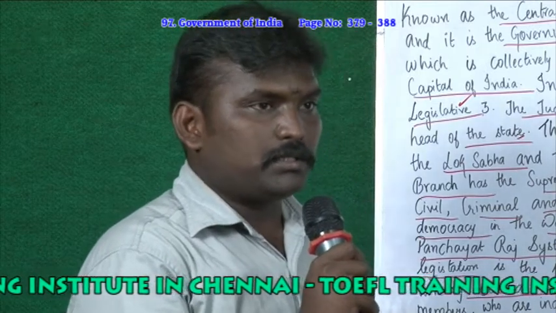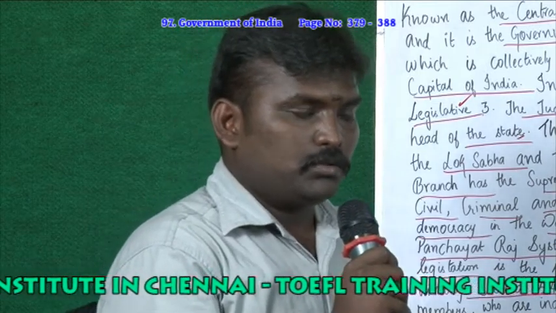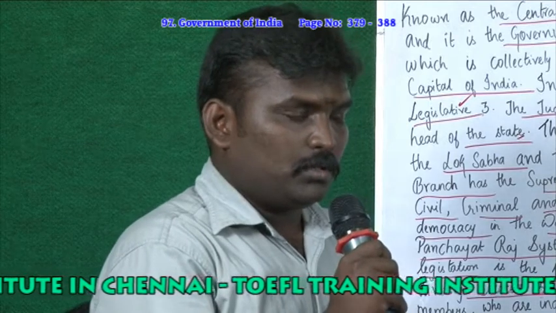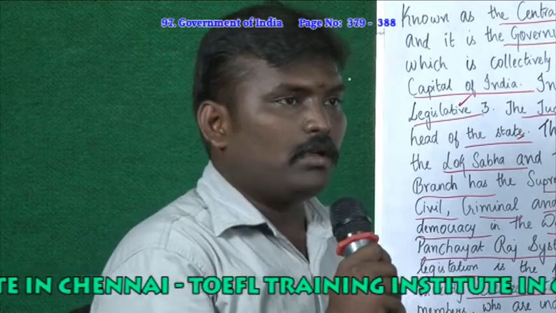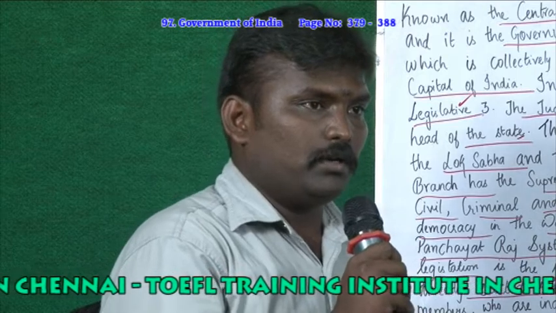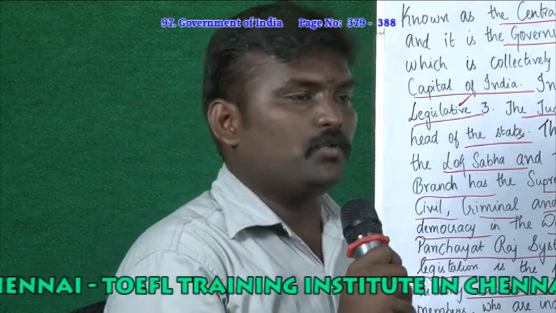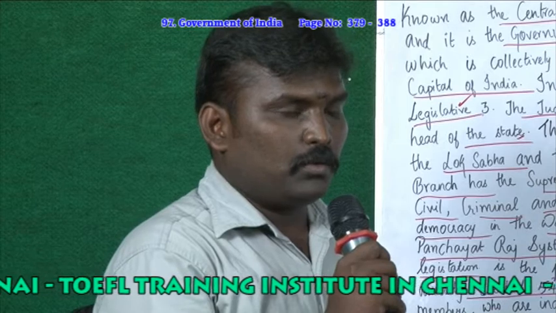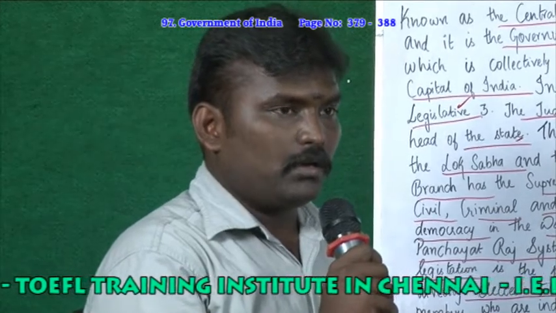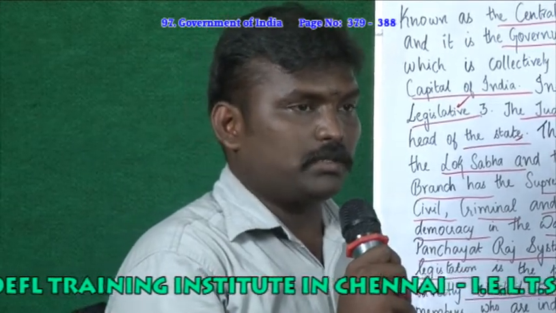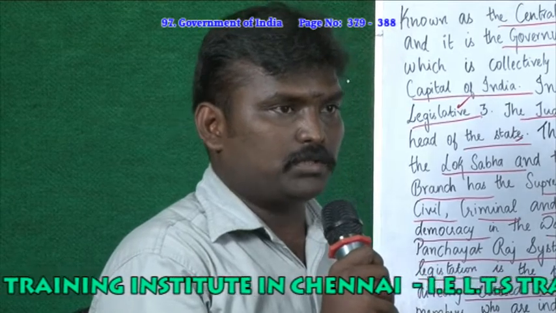The third branch is the judiciary: the Supreme Court, 21 high courts, and state level and district level courts.